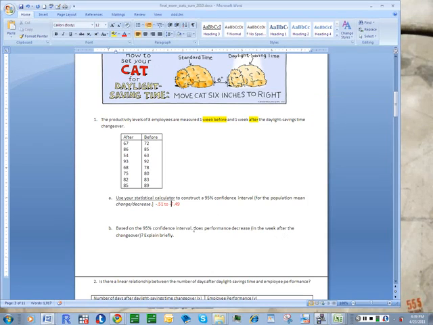So based on that 95% confidence interval, did performance decrease in the week after? And the answer is yes. And you know that because the entire interval is less than 0.